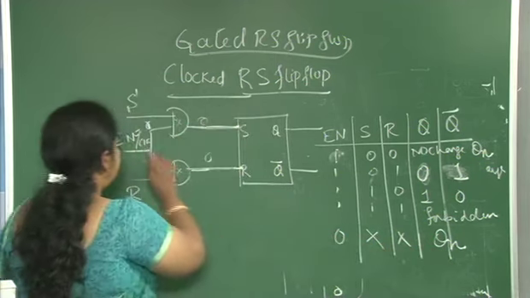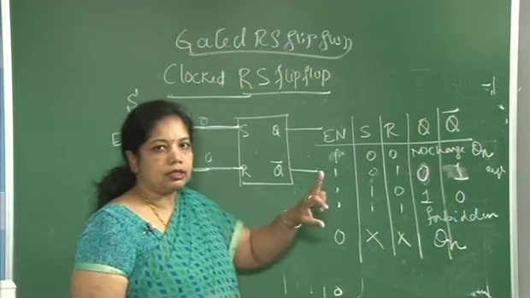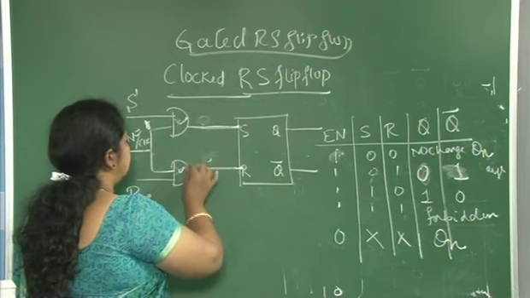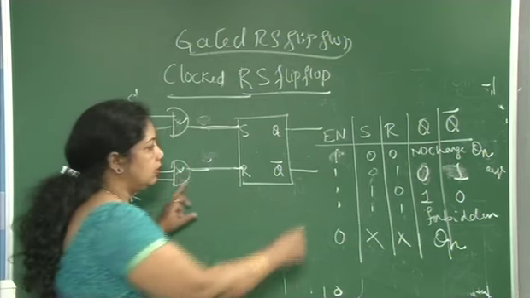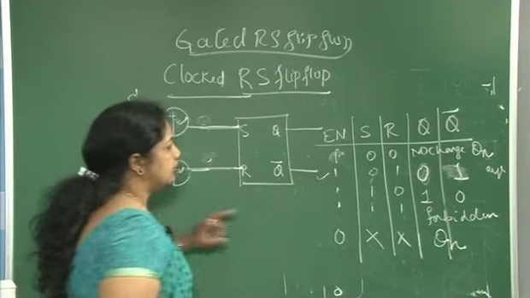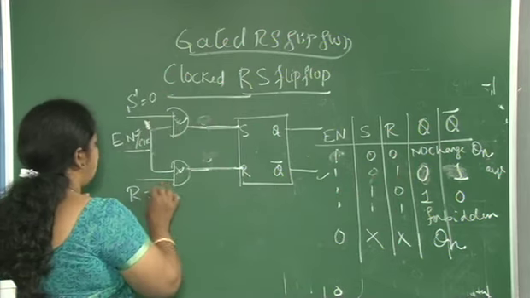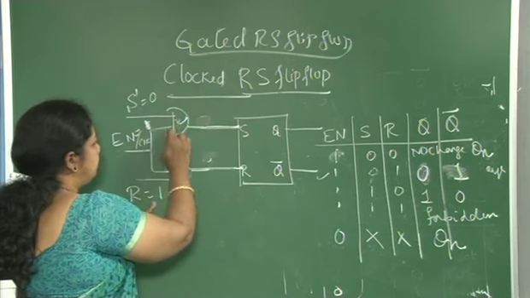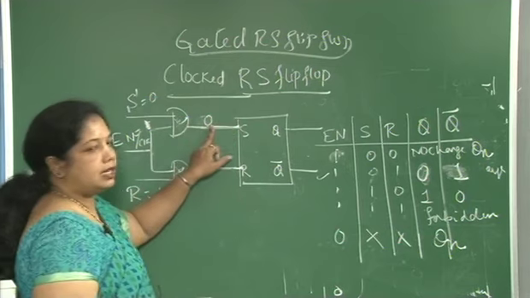If I make this enable high, logic 1, then both the AND gates are enabled, and based on what inputs you are giving, let me take an example: S is equal to 0, R is equal to 1. One of the inputs to the AND gate is 0, so the output of that AND gate is 0.